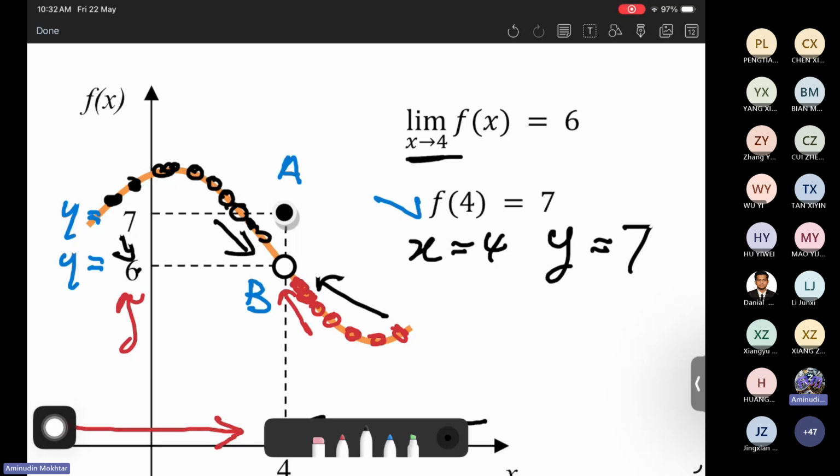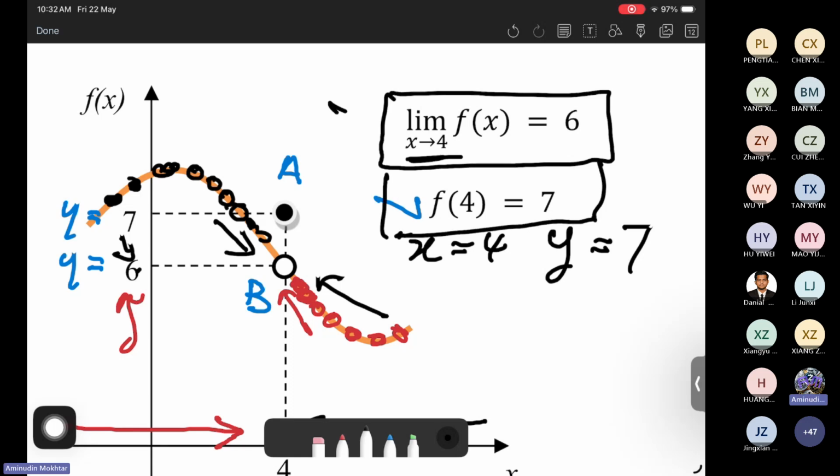That's why we have two different concepts here: the limit, and the value of the function. Basically, there is a difference between the value of y and the limit of y. In other words, the limit is not necessarily the same as the actual value of the function at that specific point.